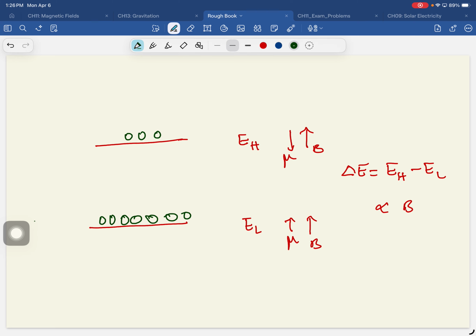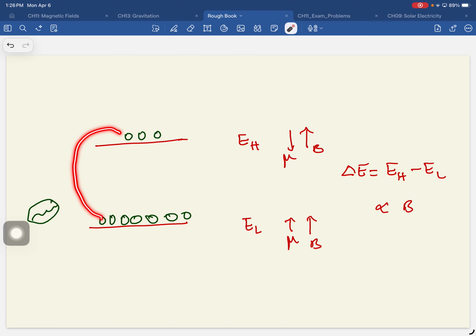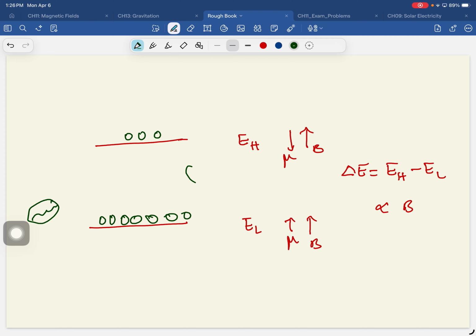Then what you can do is send an electromagnetic pulse of the right energy and excite these protons. When they de-excite, when they go back to their normal state, you take a picture of these photons. So that's what you do to get an image.